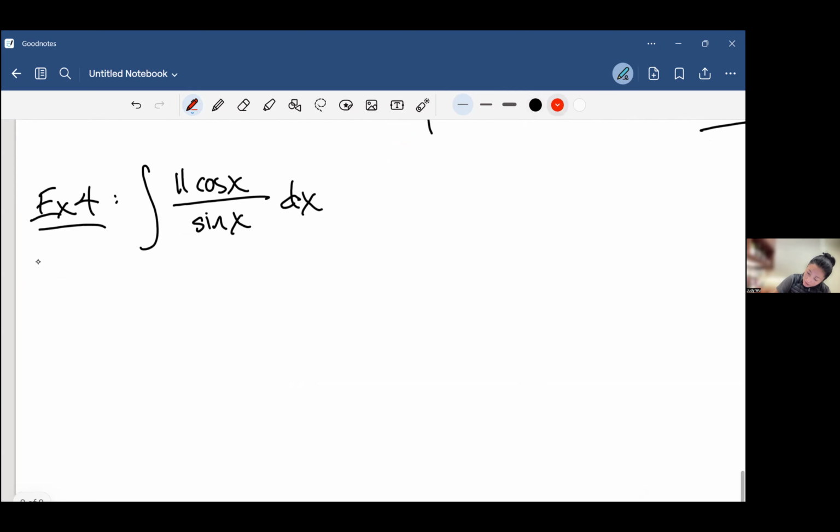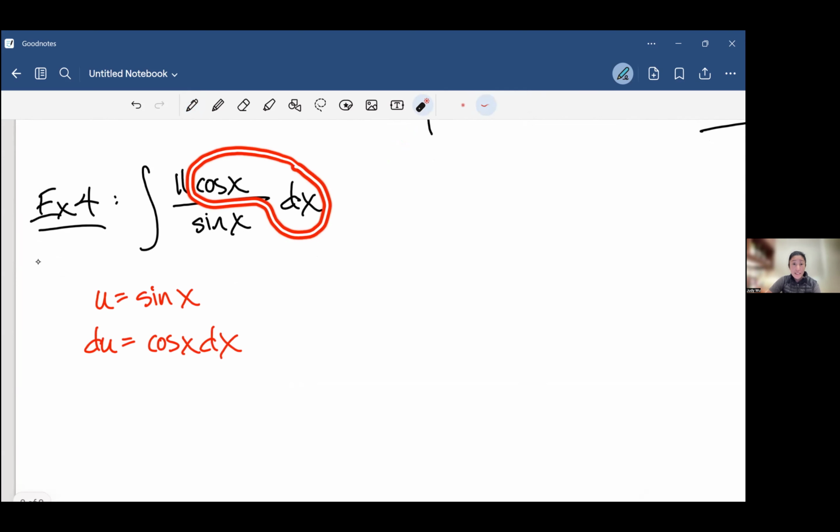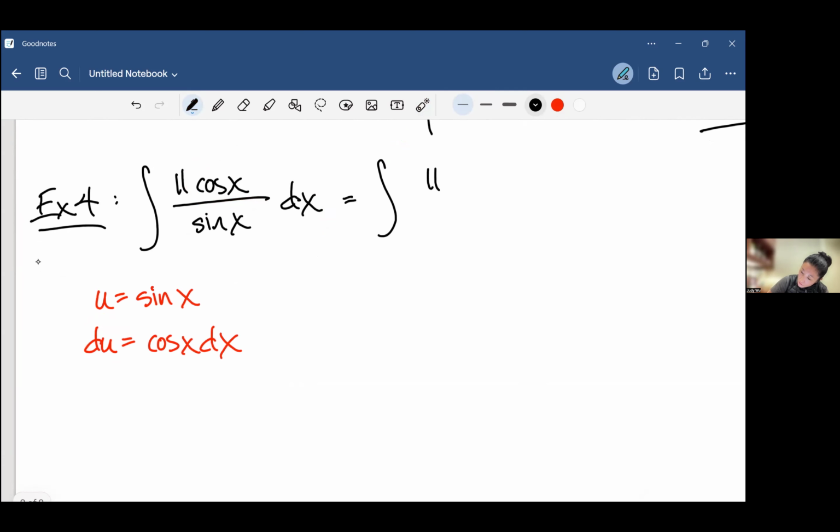Now, let's let u equal sine x. Then our derivative is cosine x dx. And that's really nice because this cosine x dx, I can just replace with du. And so that gives me the integral of 11 over u du.